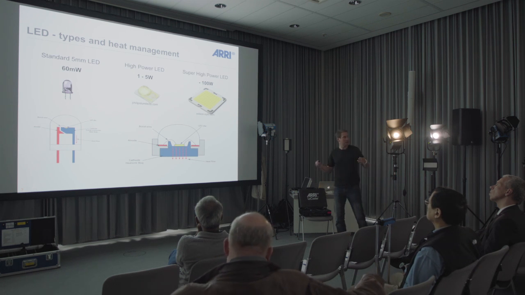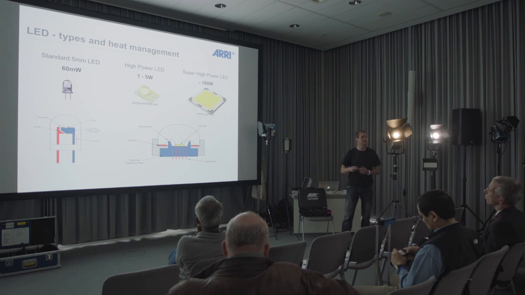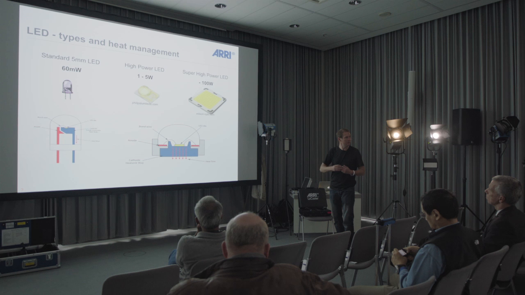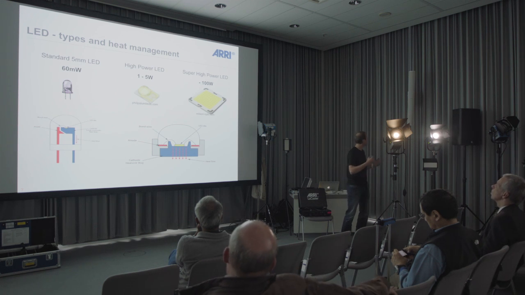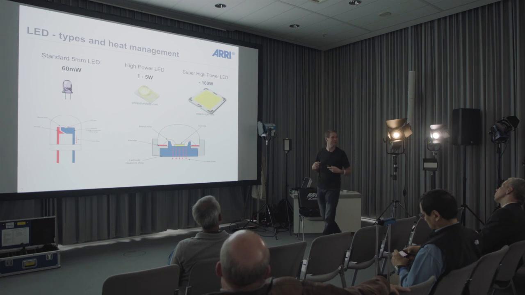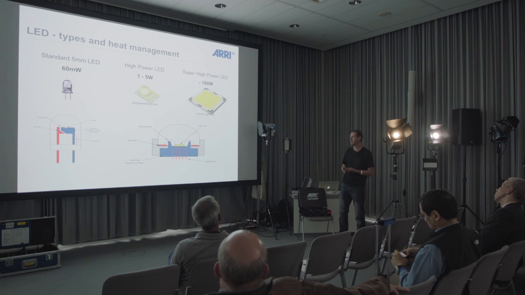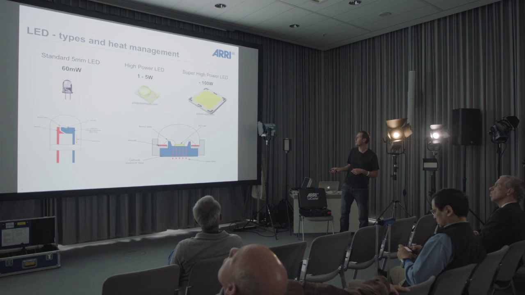Because all the other technologies, especially tungsten and HMI, also produce heat, but they emit it. So you can say the advantage that the LED doesn't emit any heat is, for any manufacturer like ARRI, a disadvantage, because now we as the manufacturer have to care for heat management.